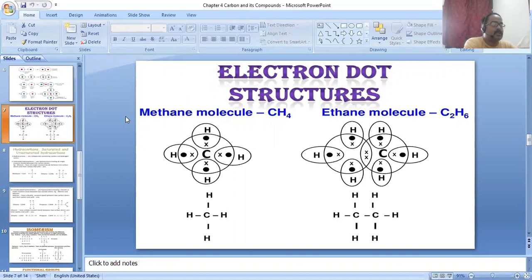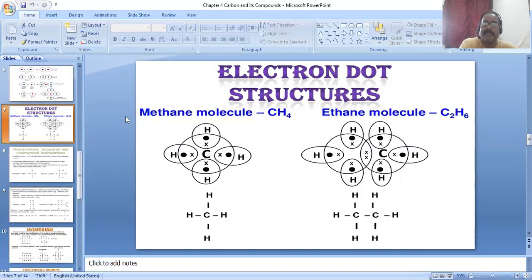The atomic number of hydrogen is 1, so this 1 electron is represented in the outer part of the hydrogen atom. Suppose oxygen, the total number of electrons is 8, but according to electronic configuration it is 2, 6. So the valence electron number is 6, and these 6 electrons are represented in the outer part of the element.